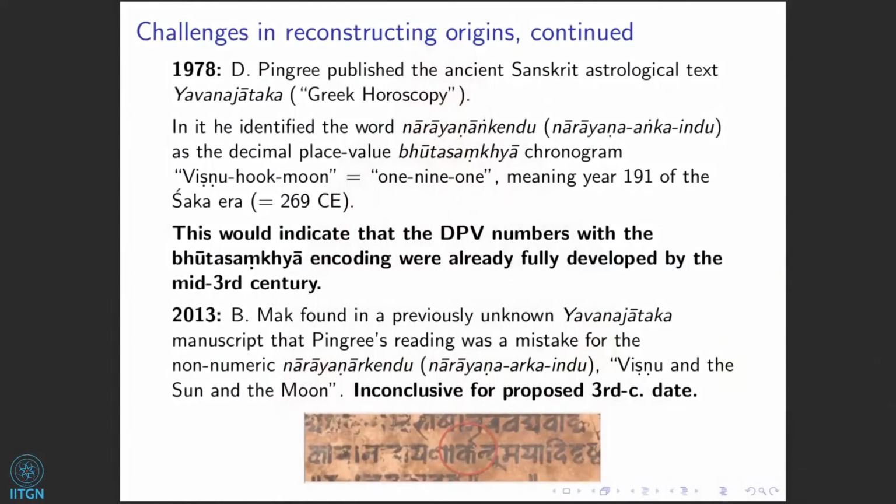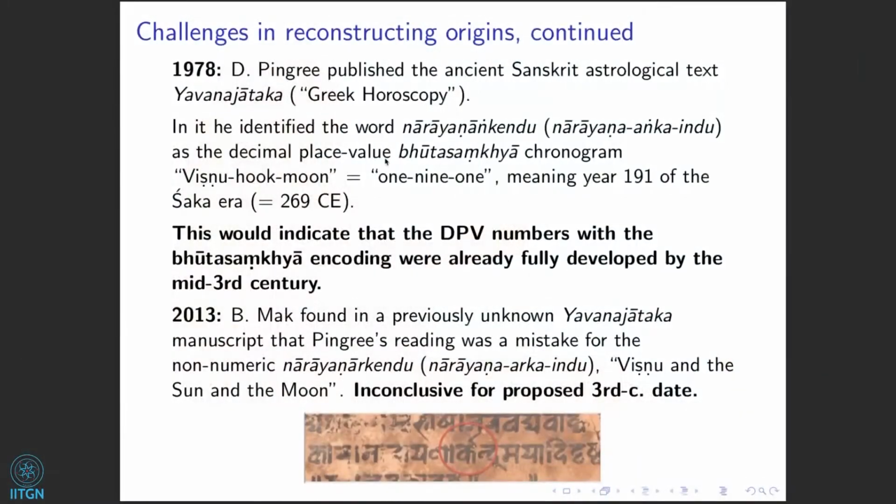In 2013, Bill Mak, in an article in the History of Science in South Asia, found in a Yavana Jataka manuscript that had not been looked at that the presumed bhütasamkhya number that Pingree thought he read was in fact a mistake for a non-numeric compound, Narayana Arka Indu, which was simply a reference, not uncommon, not what you would expect to find in an astrological text, to Vishnu and Arka the sun and Indu the moon.